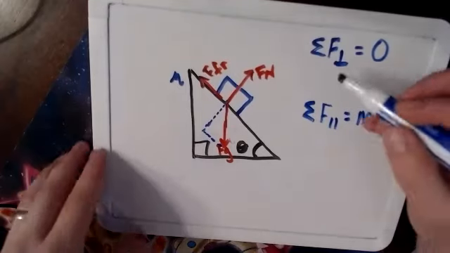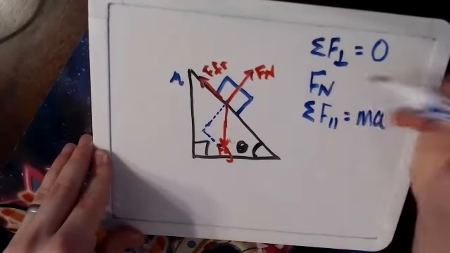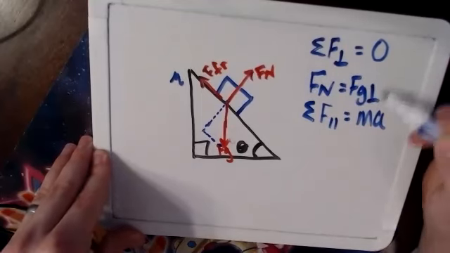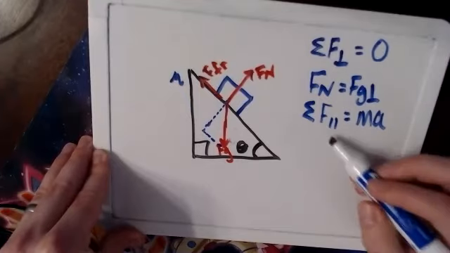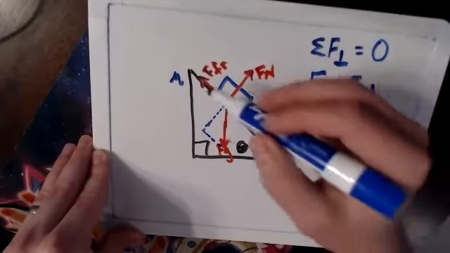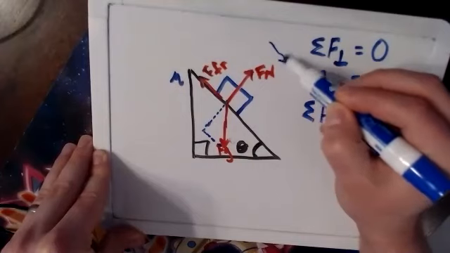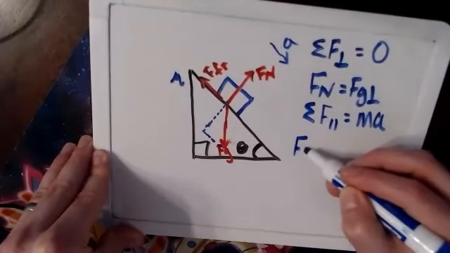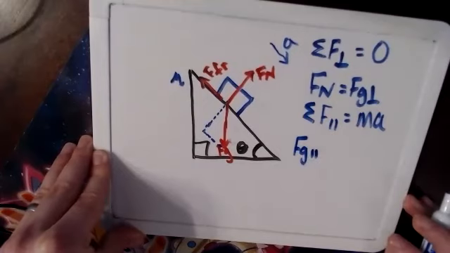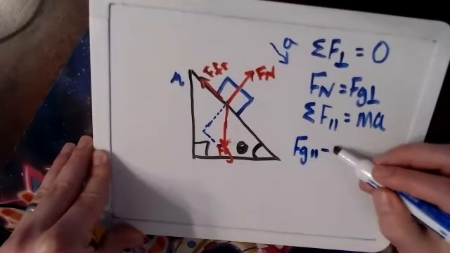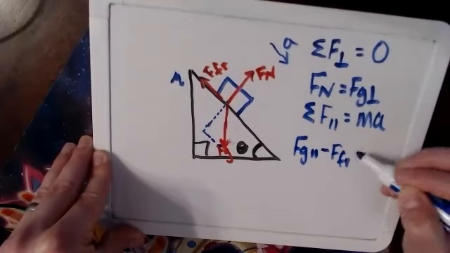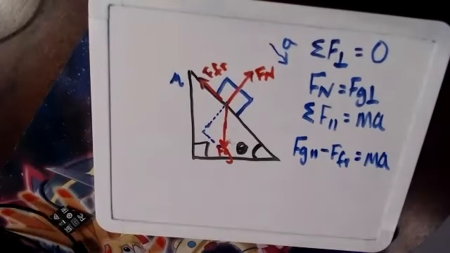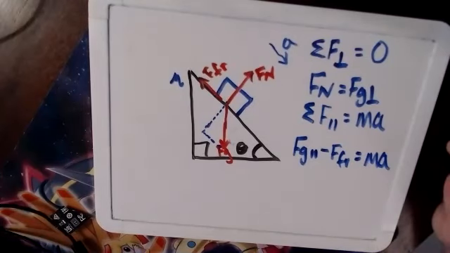And we want to say here that the Fn component is equal to the Fg perpendicular component, which we need to define. We haven't defined that yet. And then we'll call downward the direction we think it's going to accelerate. So I'd say that we have some Fg parallel component minus the force of friction equals ma. So that's the approach that we got to do.